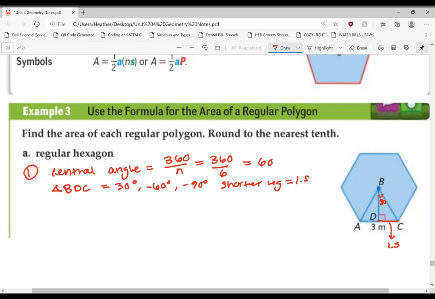So that means that BD is equal to 1.5 square roots of 3, which is also the apothem.